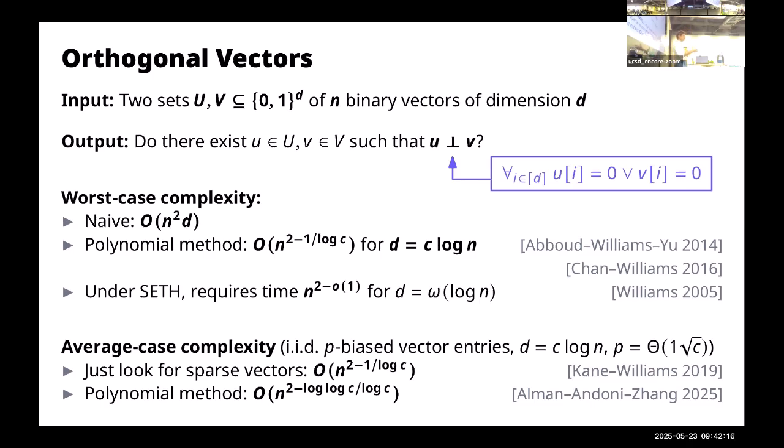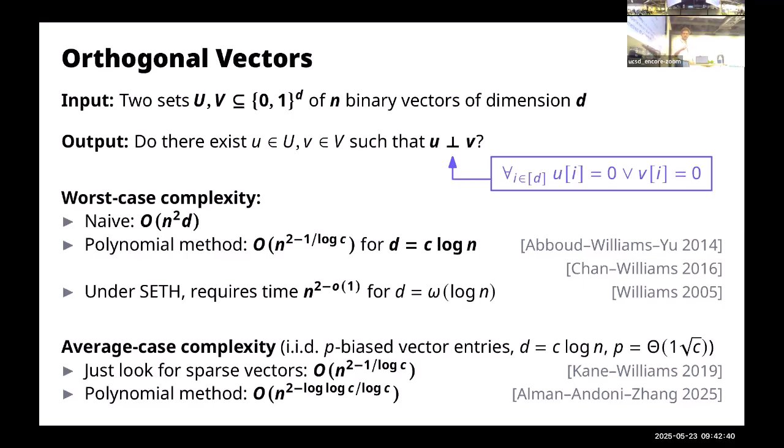Because if it's much larger, then for sure you don't have an orthogonal pair. If it's much smaller, then for sure you have a lot of orthogonal pairs. So the interesting regime for deciding if a fully random instance has an orthogonal pair or not is around 1 over the square root of d. I think that a good constant will be around 3.